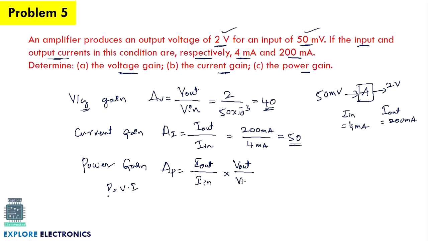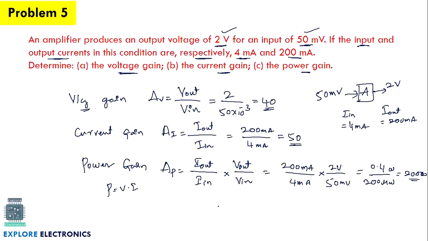We can also write like this, and if you substitute these values, 200 milliamps divided by 4 milliamps is a current gain into 2 volts divided by 50 millivolts. If you calculate this, you are going to get 0.4 divided by 200 microwatts, power in watts. So it is 2000. Okay.